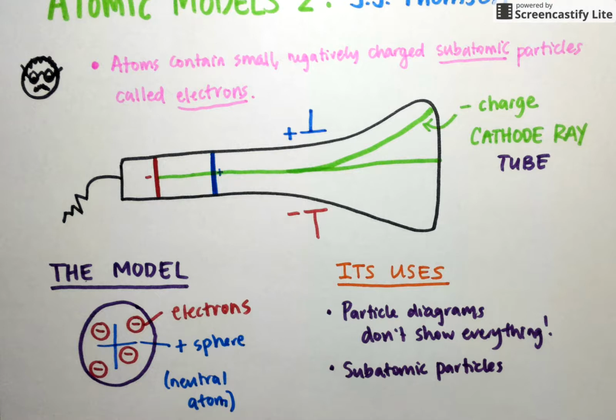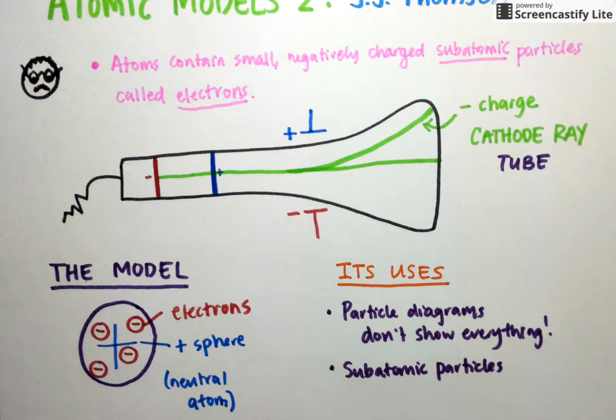And this model didn't necessarily push forward our understanding of how atoms link to form compounds, but what it really did do for us was say that particle diagrams don't show everything. And it introduced to us this concept of subatomic particles, which is really where our developments are going to come from in the years to come as we think more and more about the model of the atom.